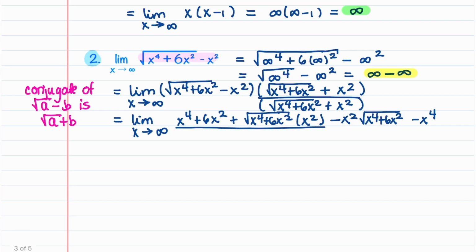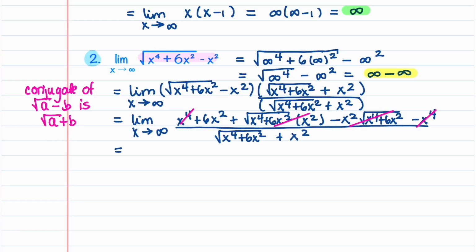Now we're going to divide all of this by the square root of x to the fourth plus 6x squared plus x squared. Now, the nice thing about multiplying by a conjugate is that things cancel. Let's see what cancels. Our x to the fourth is going to cancel, and then this term is going to cancel with this term, and we only have one term left on top.